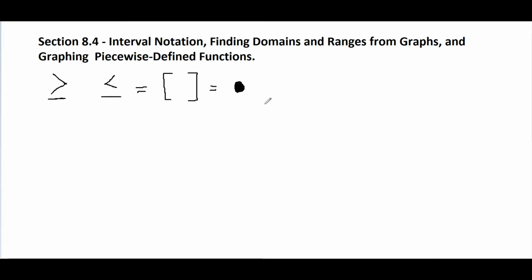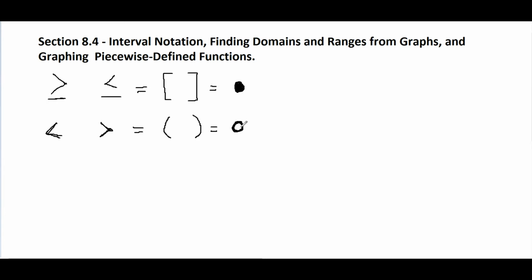When we're talking about the less than sign, I'll write it underneath here, less than or greater than without the equals part of it, that part equals, and what we use in conjunction with these less than and greater than signs are the parentheses, which also equals the open circle.